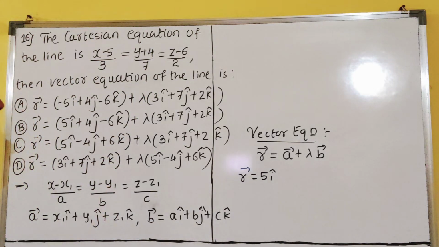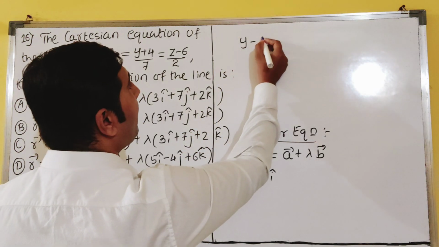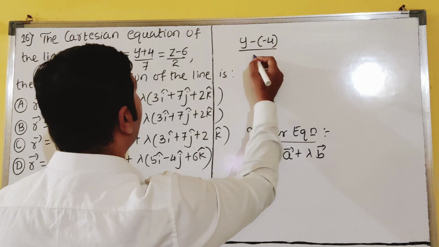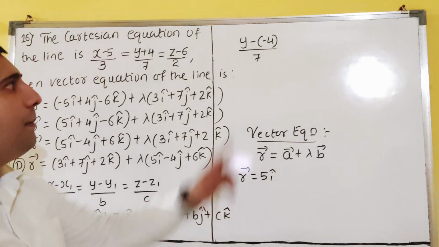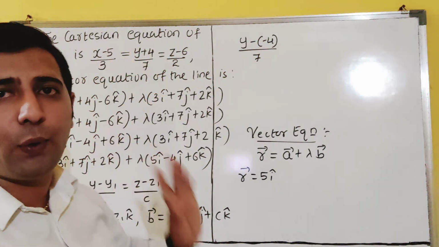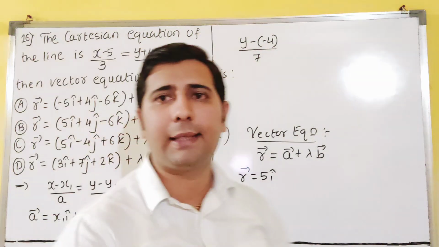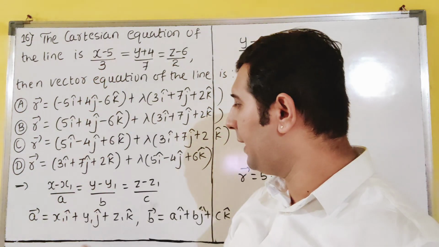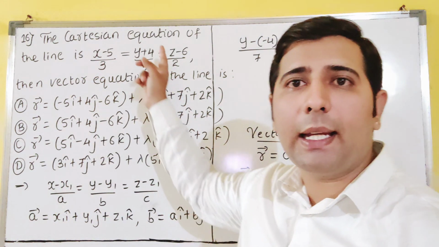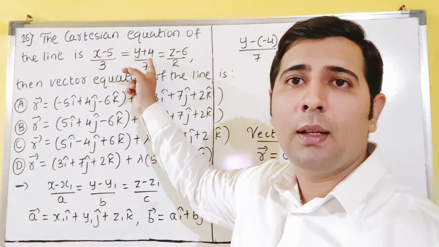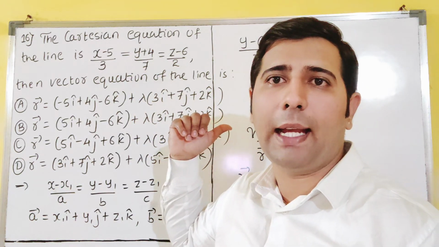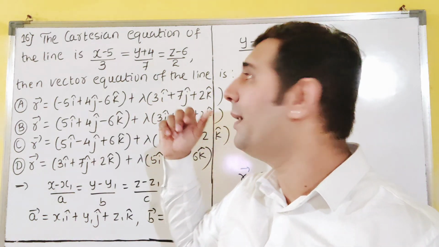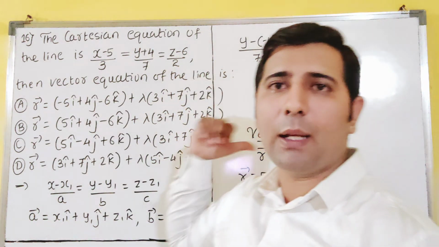Why minus 4? See here, y minus of minus 4. It is looking like this: minus into minus is plus 4. That means, in simple terms, if it is negative here, it will come positive, and if it is positive here, you will get negative, dear students. Understood or not?